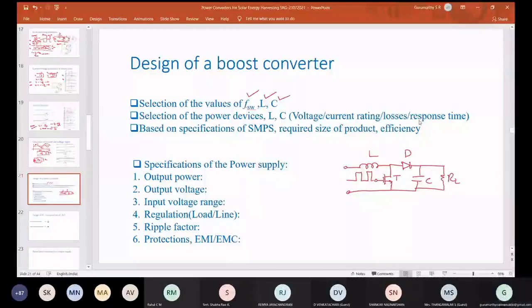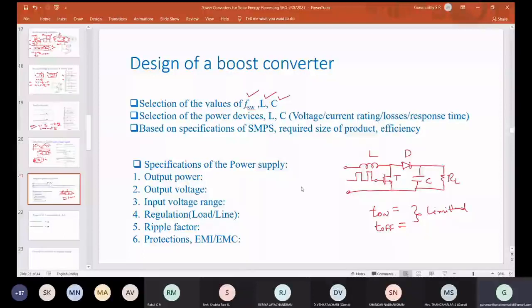So it is called turn on time and turn off time. Okay. So for an ideal device, turn on time and turn off time are 0. But here it has some limited values. So the switching frequency and the response time, like turn on time, should match. That is the second part of the selection of the components.